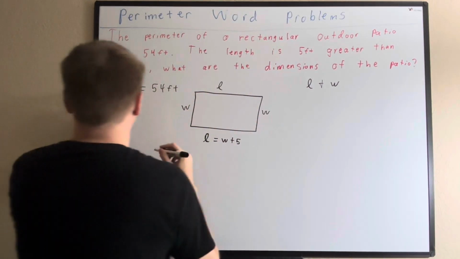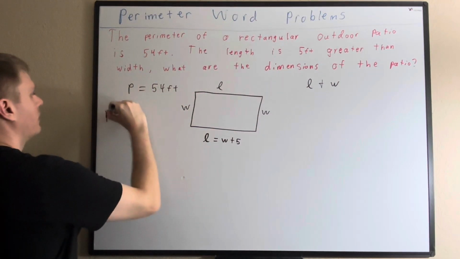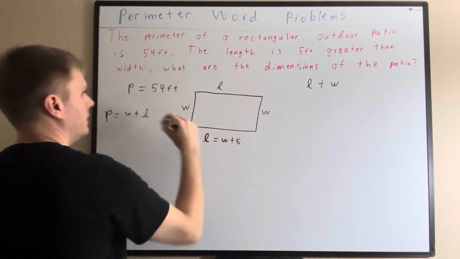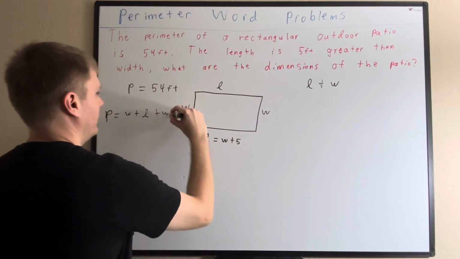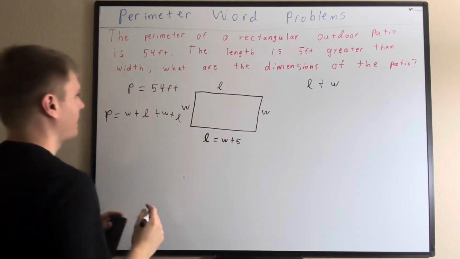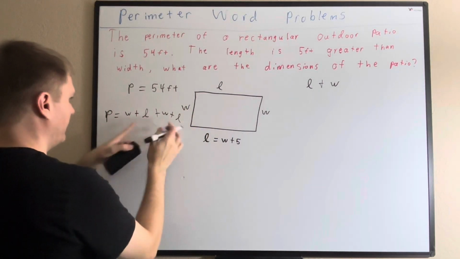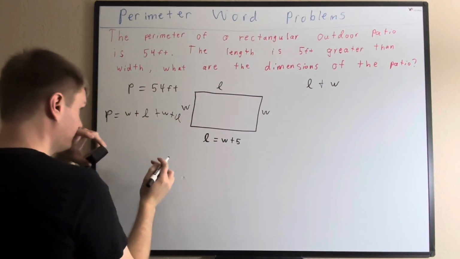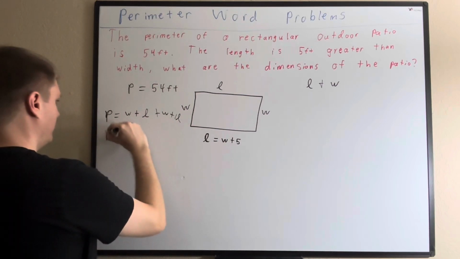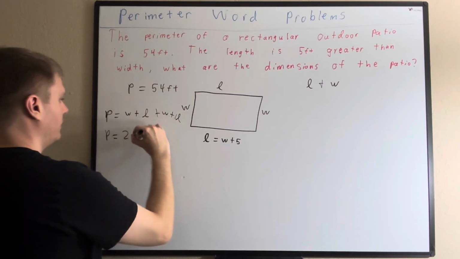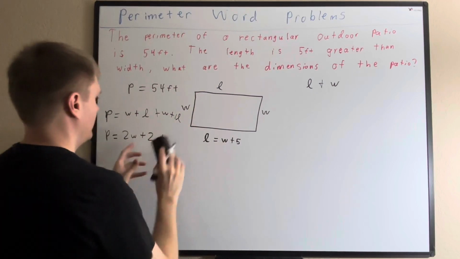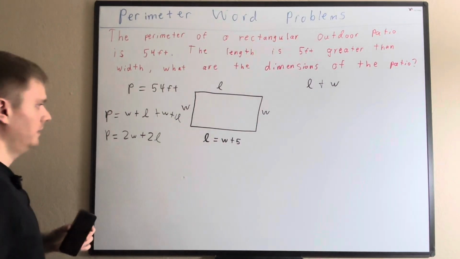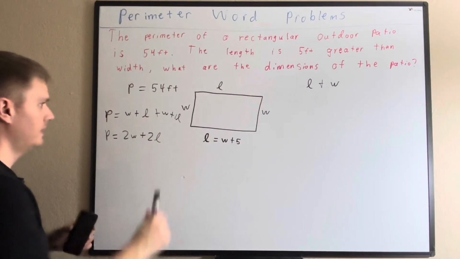Perimeter is W plus L plus W plus another L. Well, there's two L's and two W's, and we can combine those, because they have an understood 1 in front of them, and you can combine those coefficients together. So perimeter is 2W plus 2L. Okay, good start.